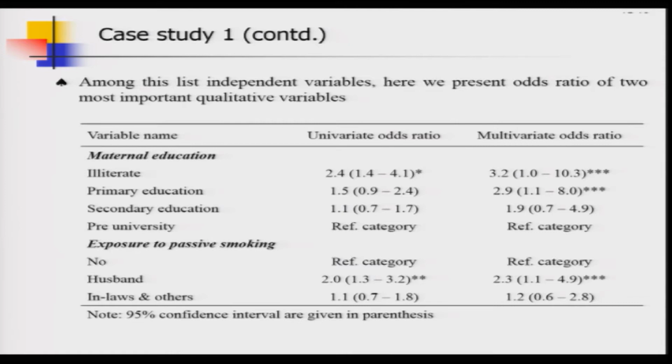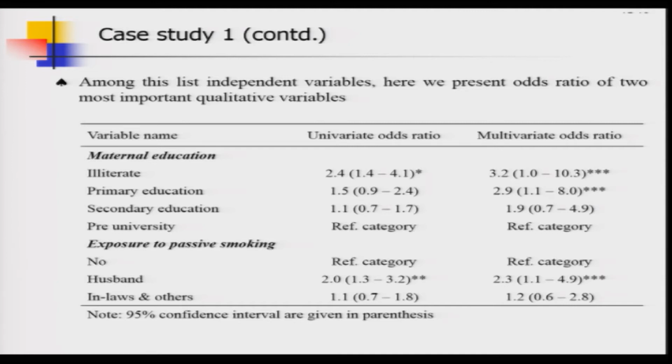Here you see that the first column of the table shows the variable names. Maternal education is one qualitative variable, and the authors have used different dummy variables to take care of that. Pre-university has been declared the reference category or the base category.